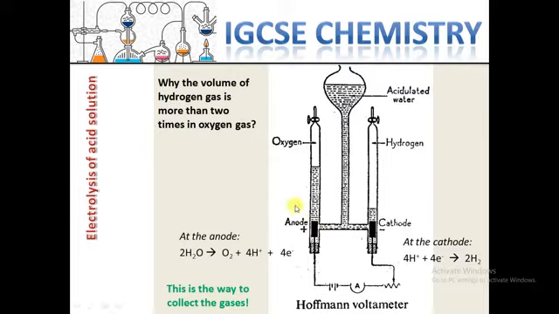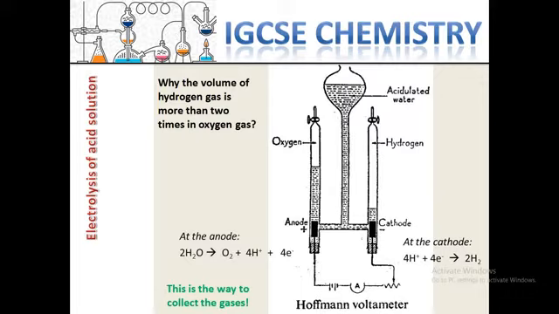On the anode side, we have this reaction: two water molecules decompose to produce oxygen gas, and for each 2 moles of water, 4 protons, 4 hydrogen cations, and 4 electrons.